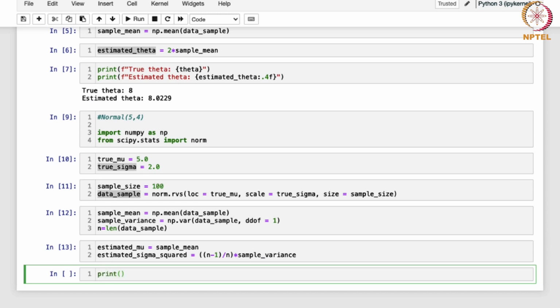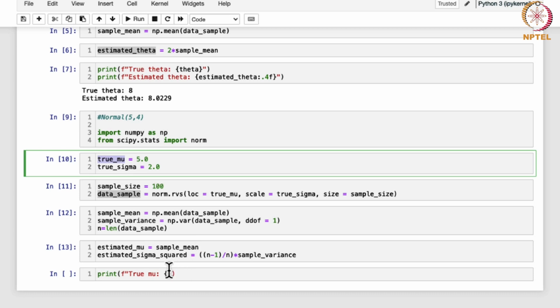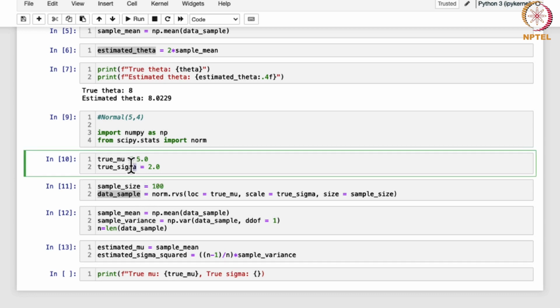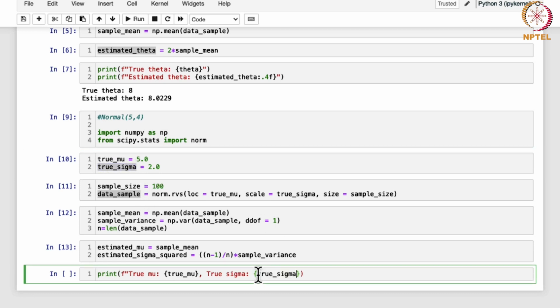So print f true mu would be your true mu that we already have over here. And what will be the true sigma? It would be this value. We want sigma squared, so you can write this, and here we can actually take the square at this step.